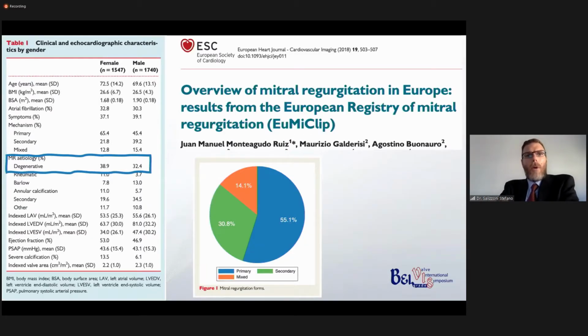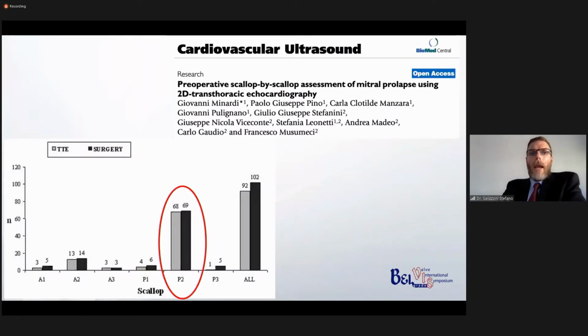And we know from the overview of mitral regurgitation in Europe that actually one third of mitral regurgitation is degenerative. So we are speaking about a lot of patients in Europe and in the world who suffer from mitral prolapse and mitral regurgitation. And when we have a type 2 patient, 90% of the time, P2 is the most involved segment.